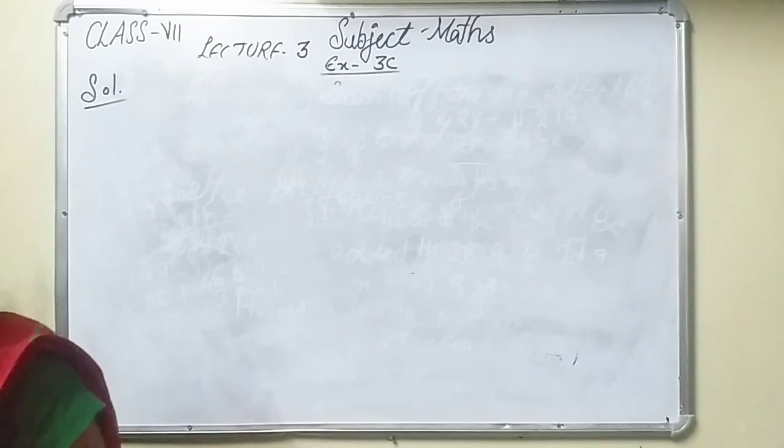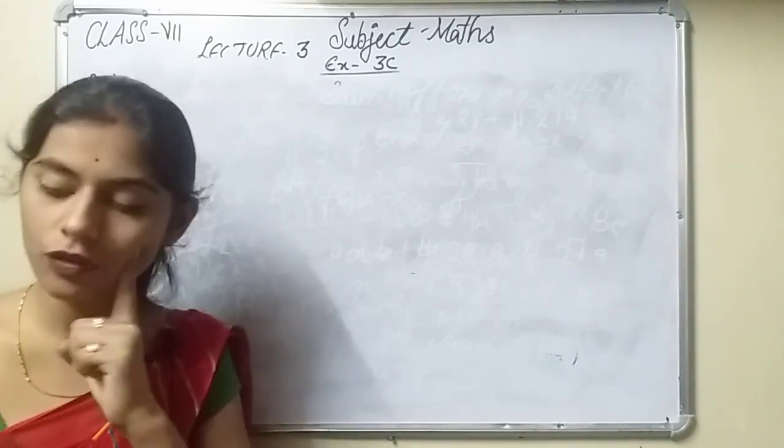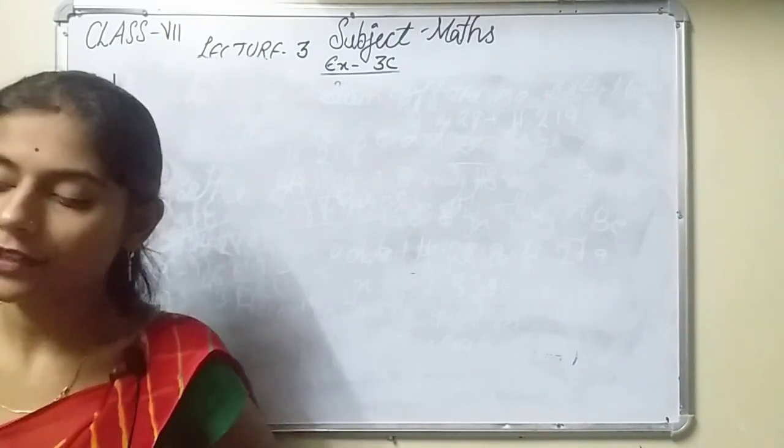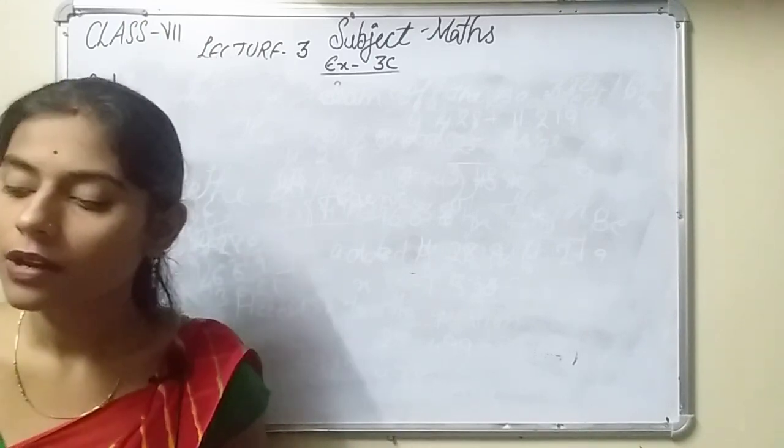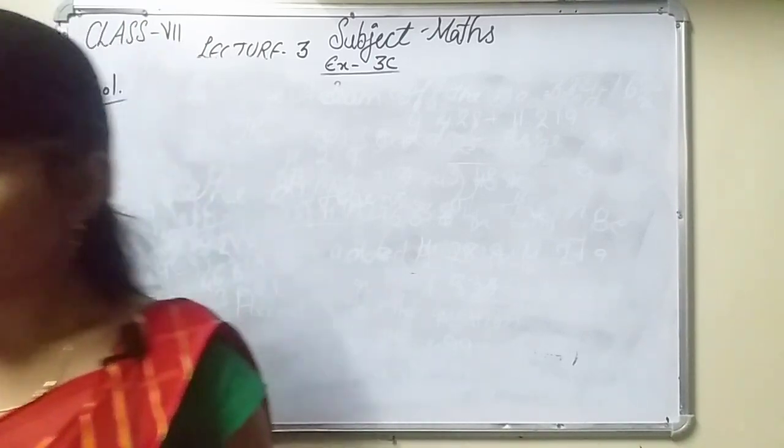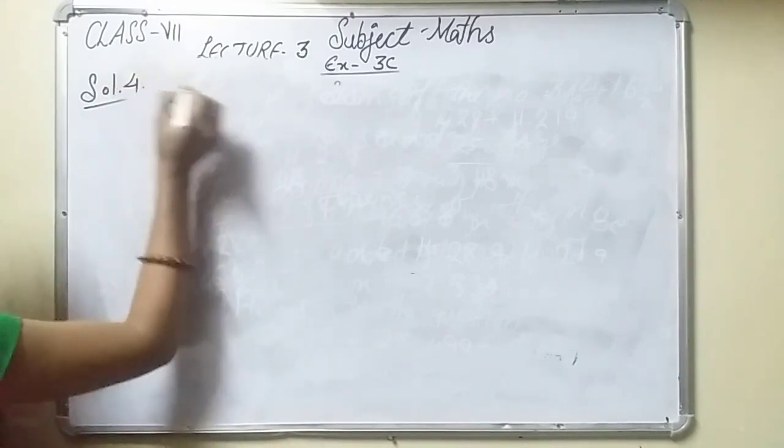Now see question number 4. By how much, it is a similar question. By how much is the difference of 604 and 406.064 less than their sum? Now here first of all you have to take the difference.